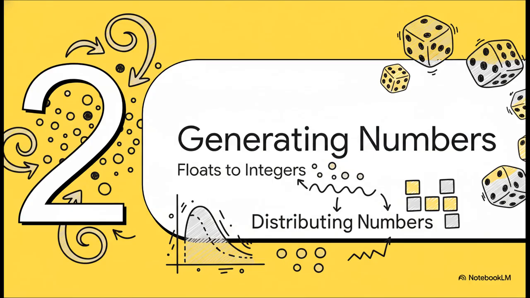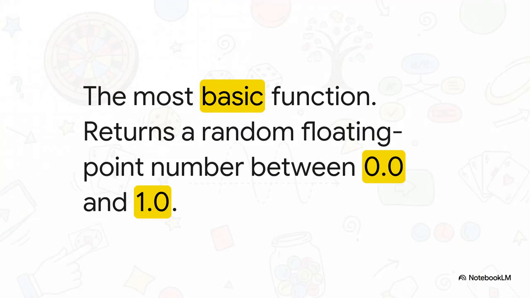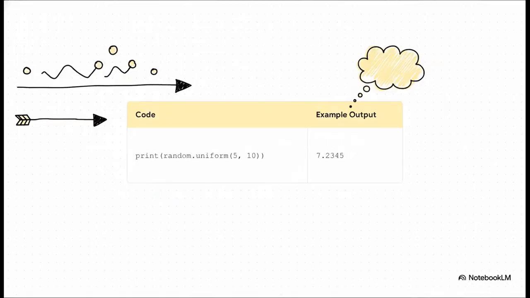All right, let's get our hands dirty and look at the first set of tools in our module. These are the real workhorses for just generating all sorts of random numbers. First up, the most basic function of them all, random.random(). You don't give it any arguments, and it just hands you back a random float. That's a number with a decimal point, somewhere between 0 and 1. Super simple, super useful. But what if you need a decimal that's not between 0 and 1?